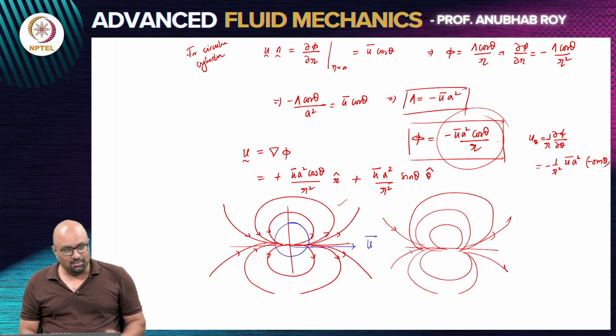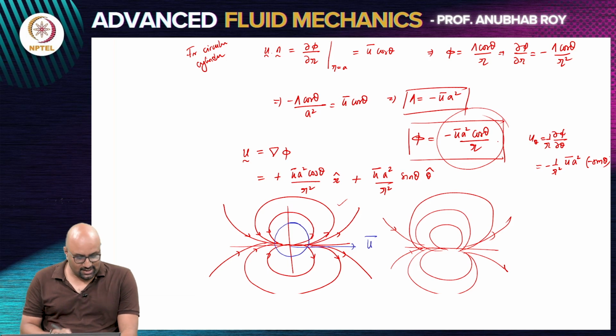You have to keep in mind that the streamline patterns look different for the same problem depending on your choice of reference frame. If you are trying to visualize irrotational flow past an object, you have to make sure that you understand what you are trying to visualize. Are you doing it for a flow past an object, or are you doing a velocity field due to a moving object?